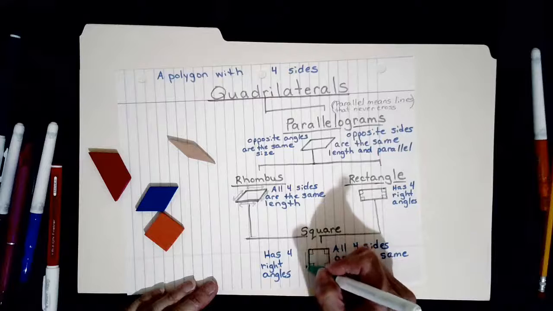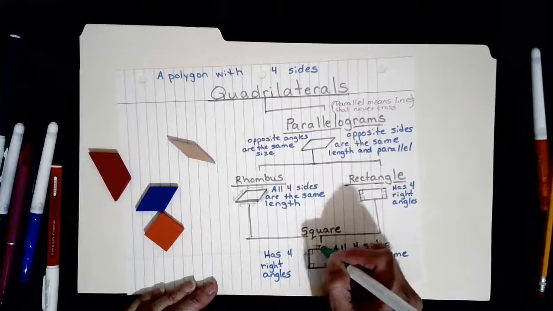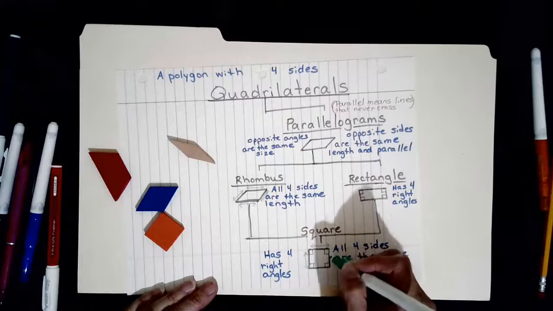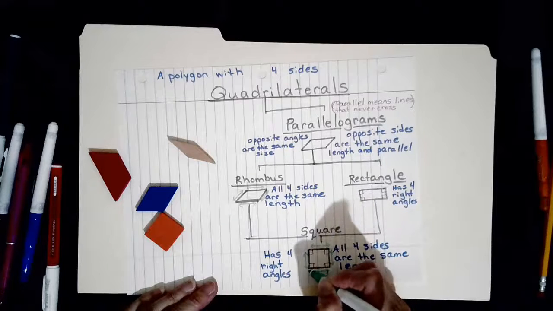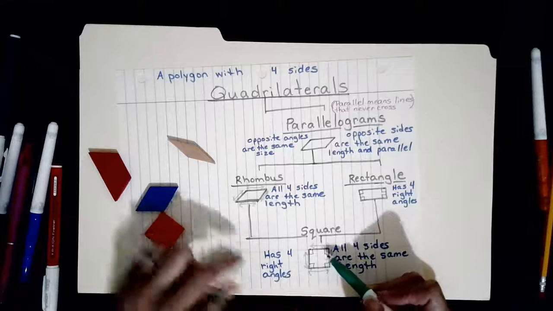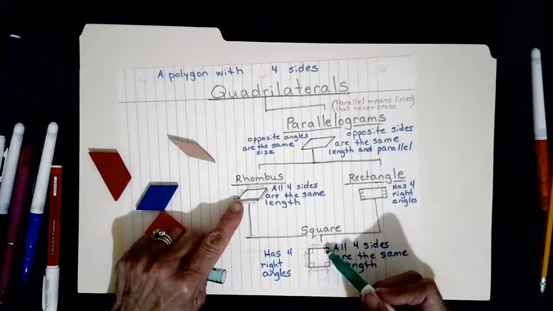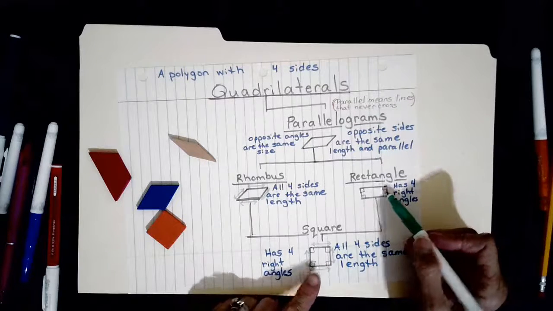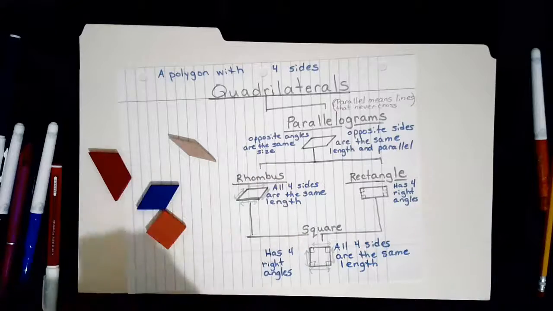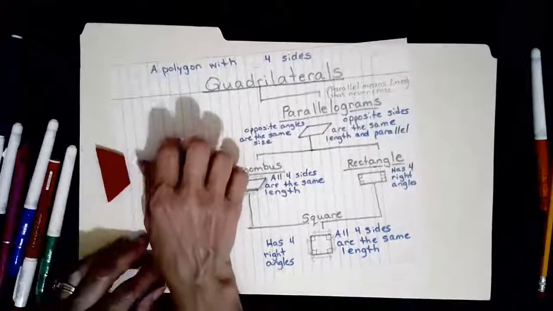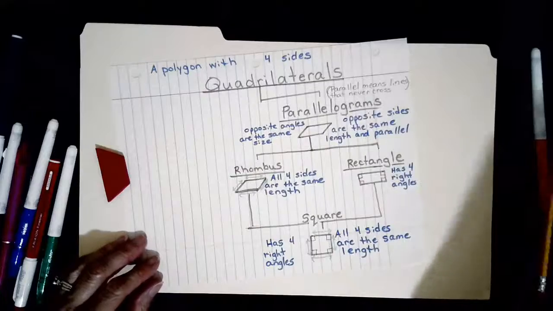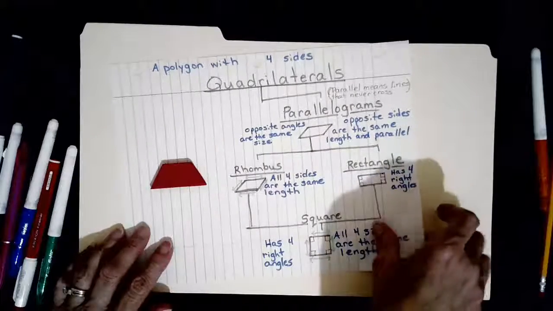And all the sides are the same length on a square, all 4 of them. So see, the square has the same length sides, and it has all right angles, which makes it qualify for both of those.